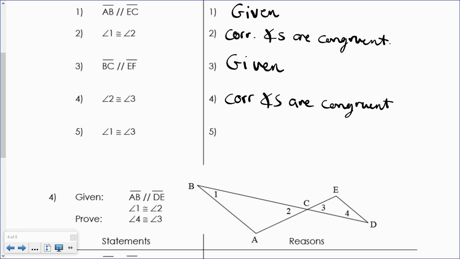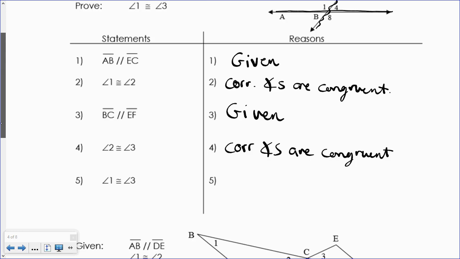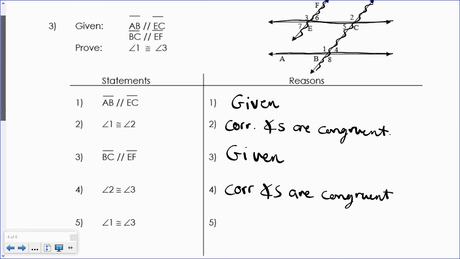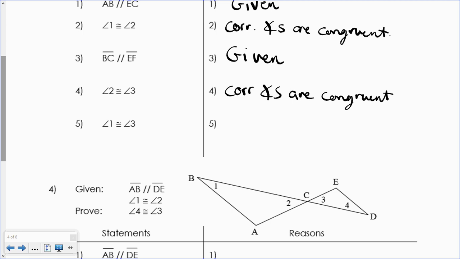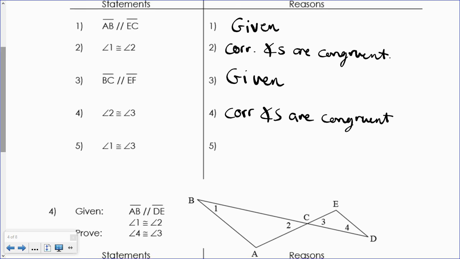All right. Based on what we have now, how would I conclude that angle 1 is congruent to angle 3? Angle 1 and angle 3 do not have a relationship in the picture, so we can only use what we have in the proof.